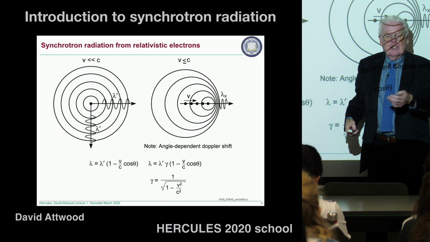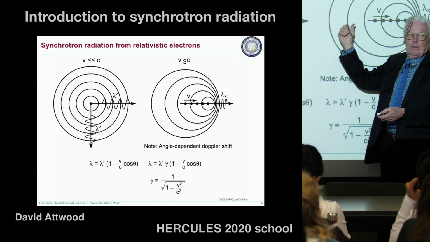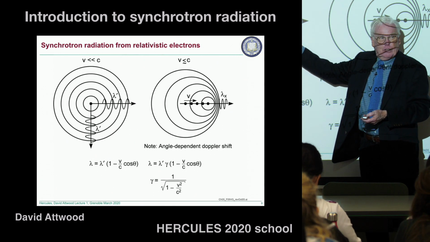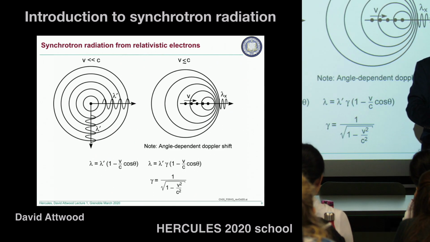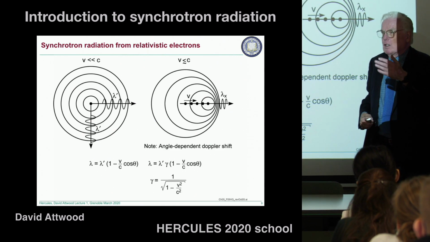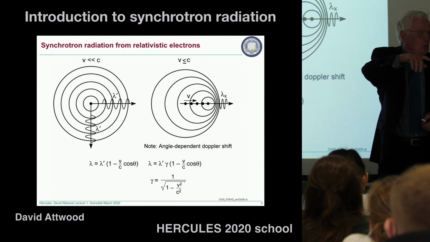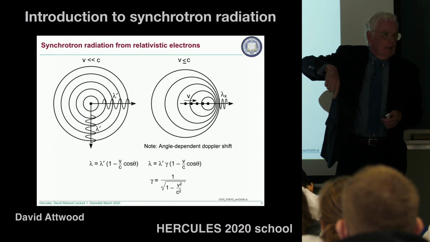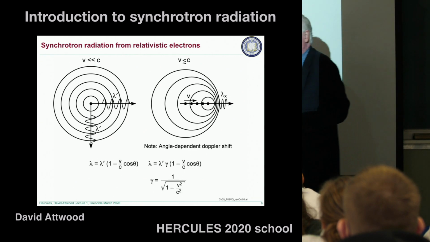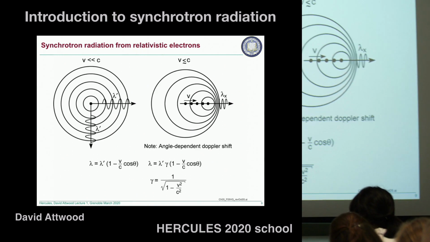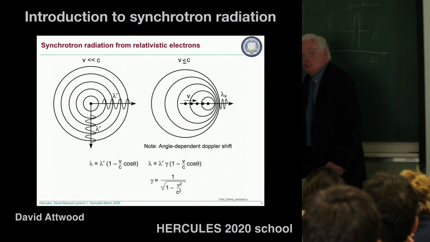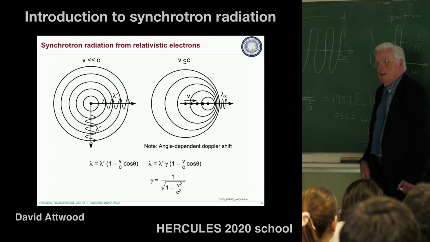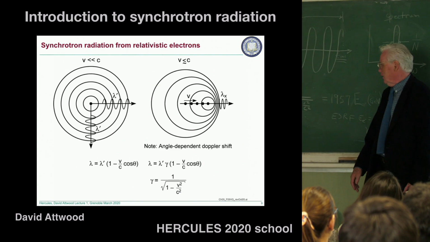In the relativistic case, where the electron is moving extremely fast, approaching the speed of light, this Doppler shortening is going to be a really major effect. When you ask why we are seeing X-rays out of these machines, like ESRF or Elettra, where the electrons are going around the ring at very high relativistic velocities, there is the Lorentz contraction factor, which even from the life sciences you've probably seen in high school.